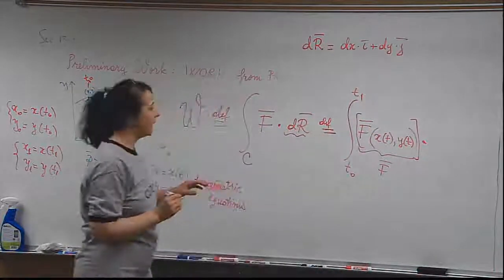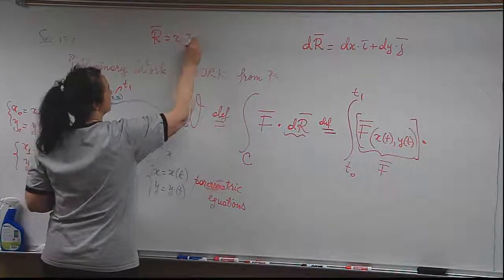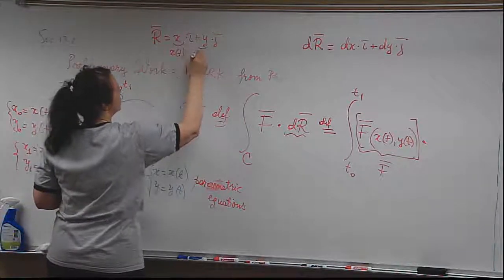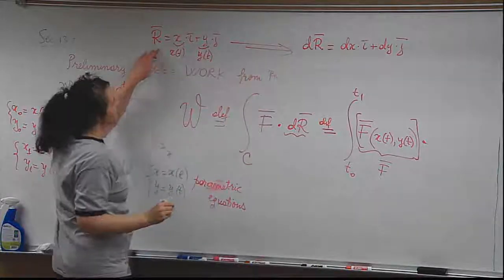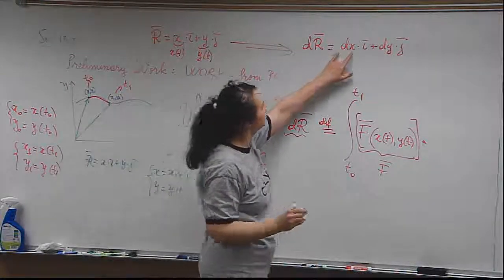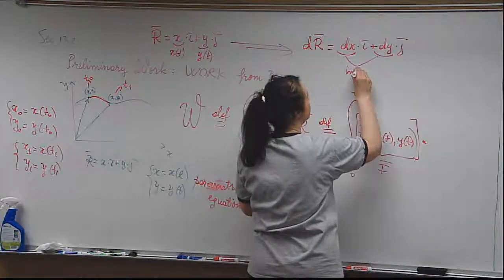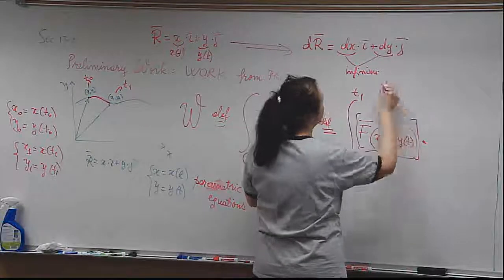And you say, why is that? I don't understand. Because r itself is xi plus yj. And x is a function of t, and y is a function of t. And that means that when you apply the differential, you are going to apply the differentials to dx and dy, and these are going to be infinitesimal displacement.